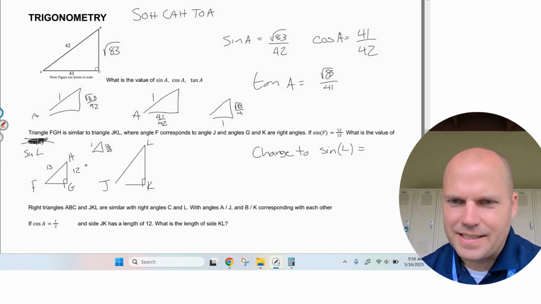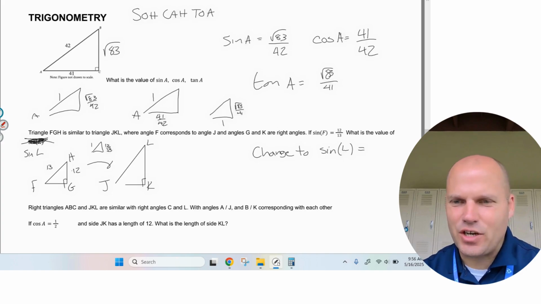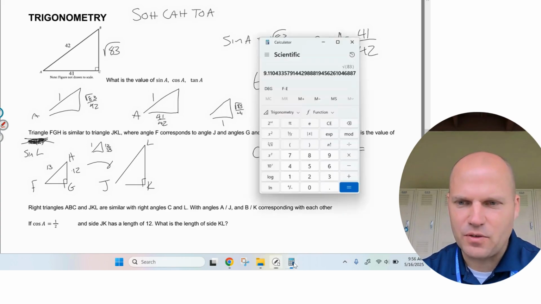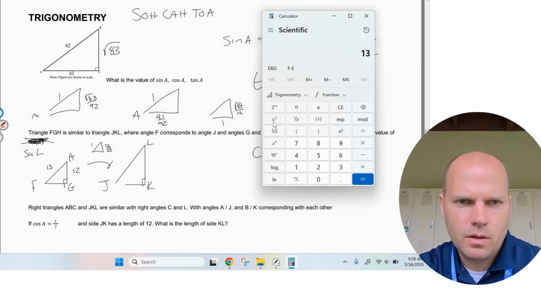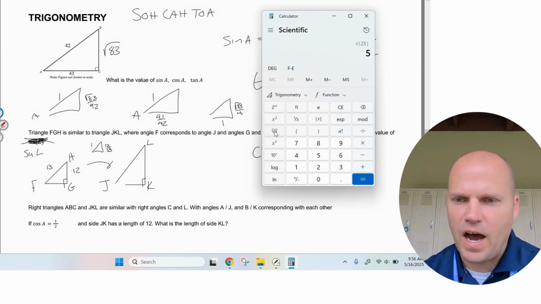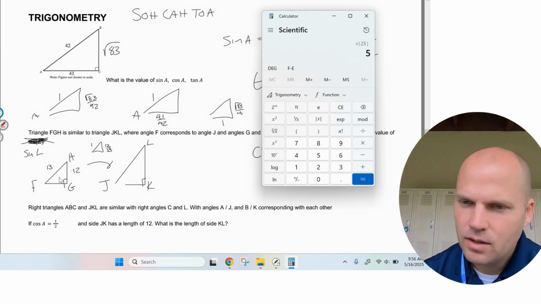Well, it's not tricky, guys. You'll use the Pythagorean theorem to find side length FG. Okay, so we got 13 squared minus 12 squared, square rooted, is 5. Cool.